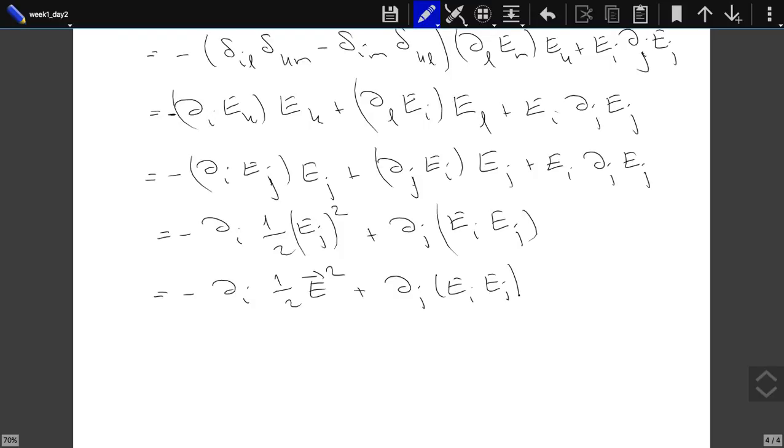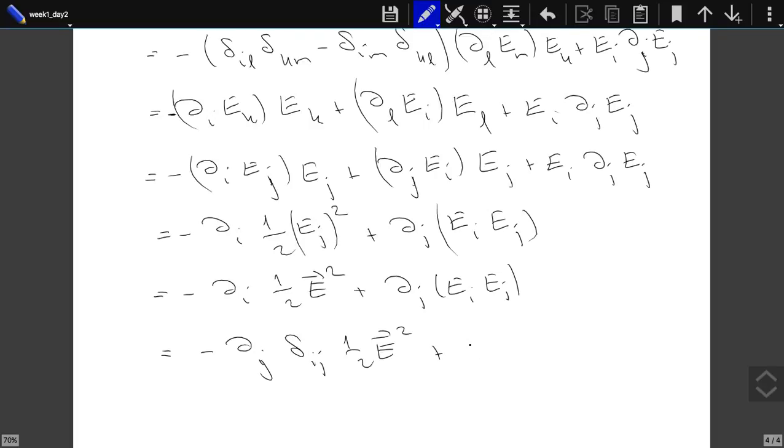Well, I would rather write all the terms as the derivative with respect to the same thing, del J. I will do this trick. This is equal to minus del J Kronecker delta I J 1 over 2 E squared, because this Kronecker delta, I'm summing over J, it just tells me that wherever I see a J, I should put an I. So it is the derivative with respect to x i.